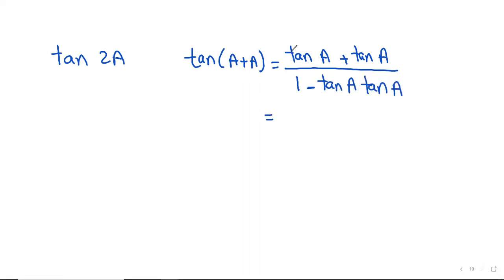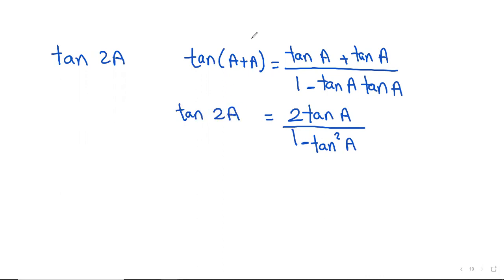So that is equal to tan A plus tan A, which is 2 tan A, over 1 minus tan A multiplied by tan A, which is tan squared A. That's it. So tan 2A is equal to 2 tan A over 1 minus tan squared A.